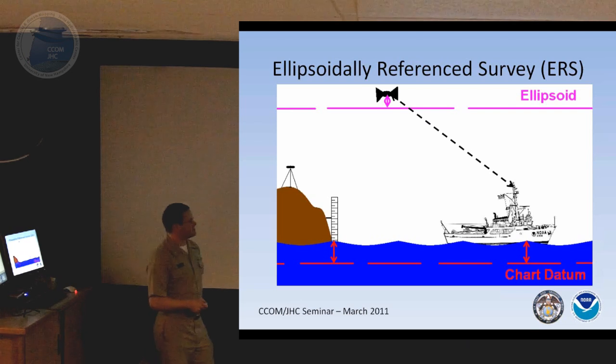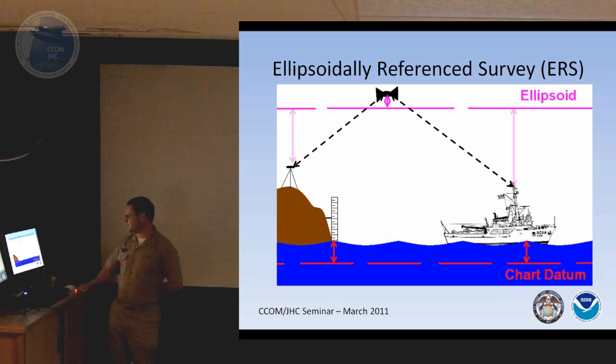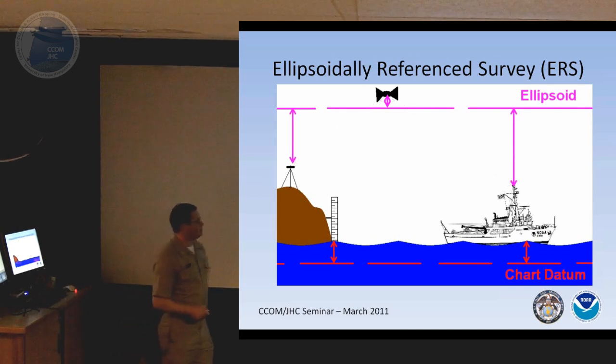GPS isn't accurate enough for typical survey methods. So you actually have to use a double differencing method to improve that height, and that's how you get that centimeter level accuracy.